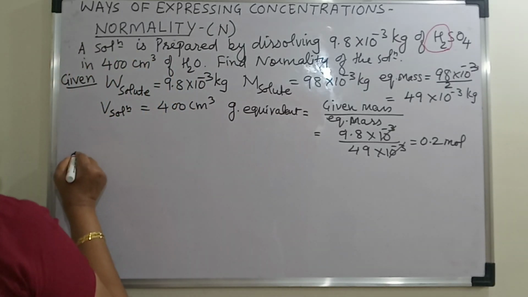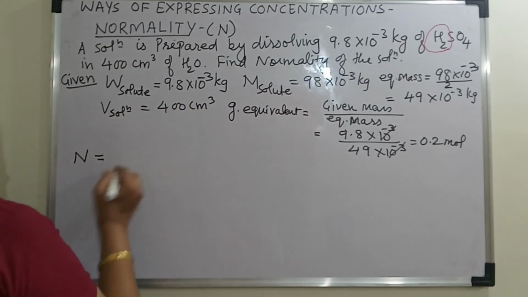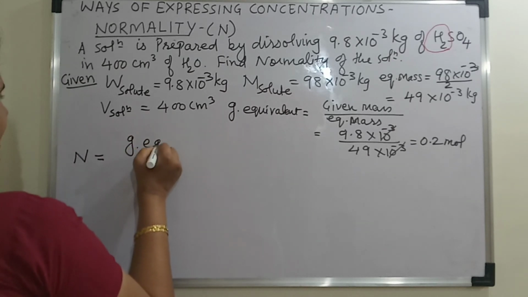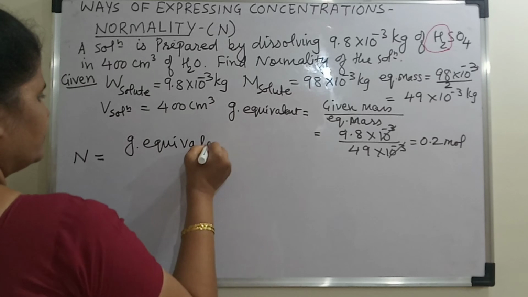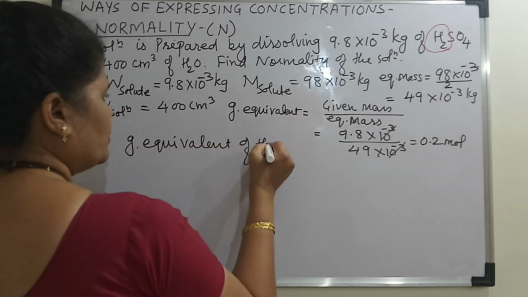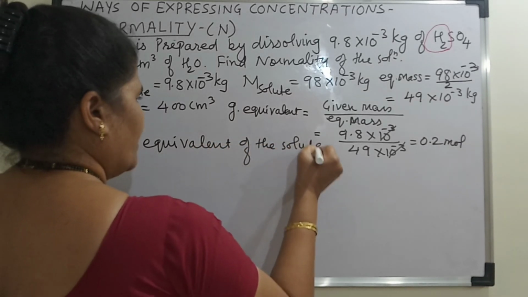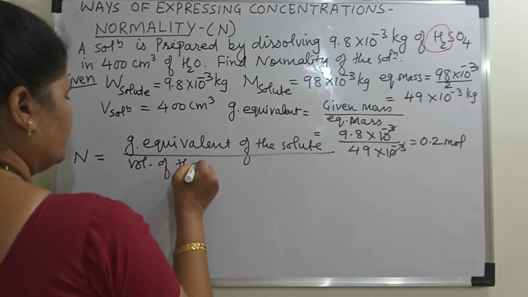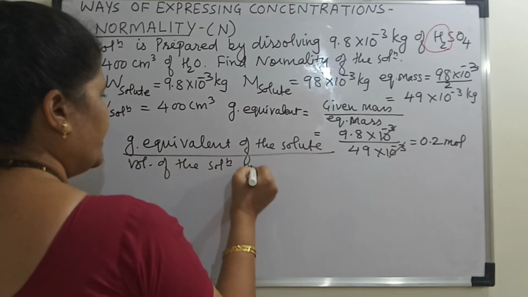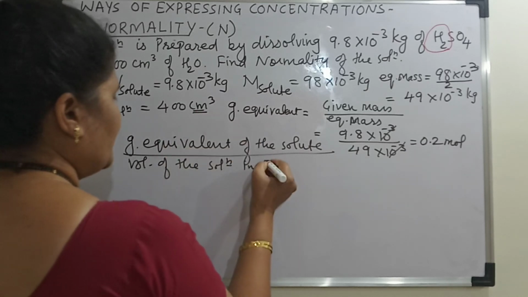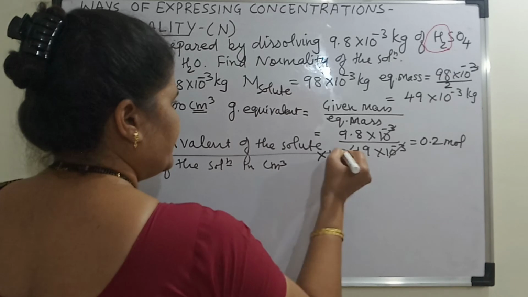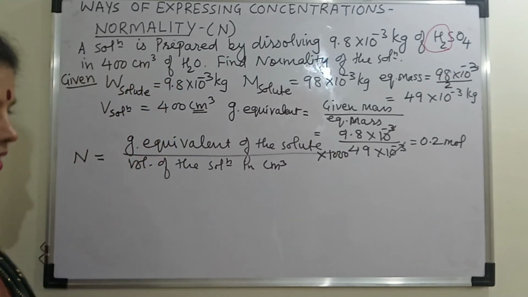Now let us calculate normality. Normality is equal to gram equivalent of the solute upon volume of the solution in dm cube. Now it is given in cm cube, so I will continue with cm cube, but care is taken, I must multiply this by 1000. Right, students?